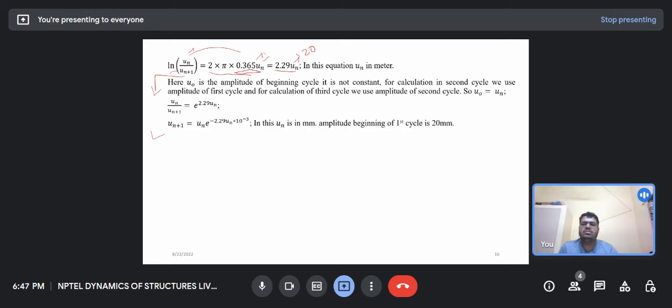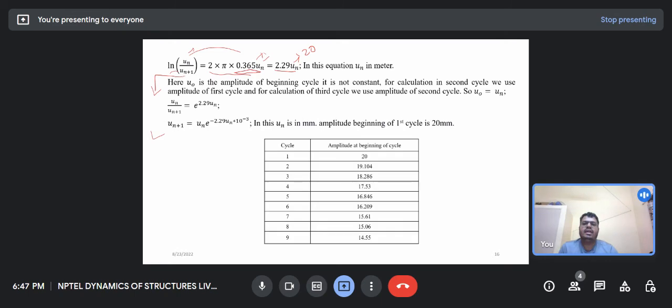So this becomes un plus 1 over un. And now this is the table: at the beginning of your cycle, what is your amplitude? 20. If I put 20 here and here, I get un plus 1 after the cycle as 19.4. If I use this as un for the next cycle, I get this 18. Again I will use this, I will get this, doing the same iterative process.